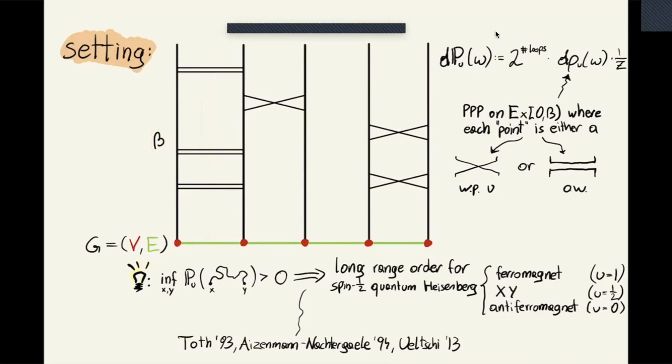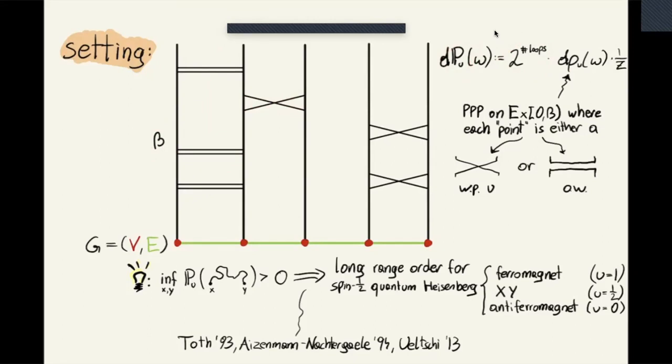Then we consider a Poisson point process rho_u that drops links. Each link is either a cross with probability u or a double bar otherwise. And if we now weigh each such link configuration by 2 to the number of loops, then we obtain a probability measure on the space of link configurations.